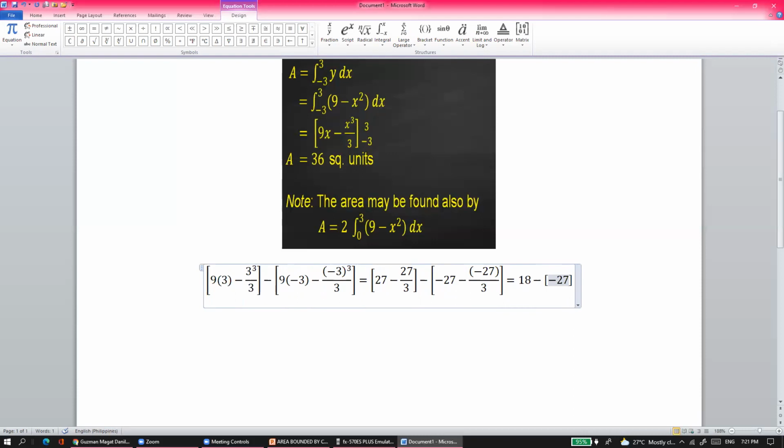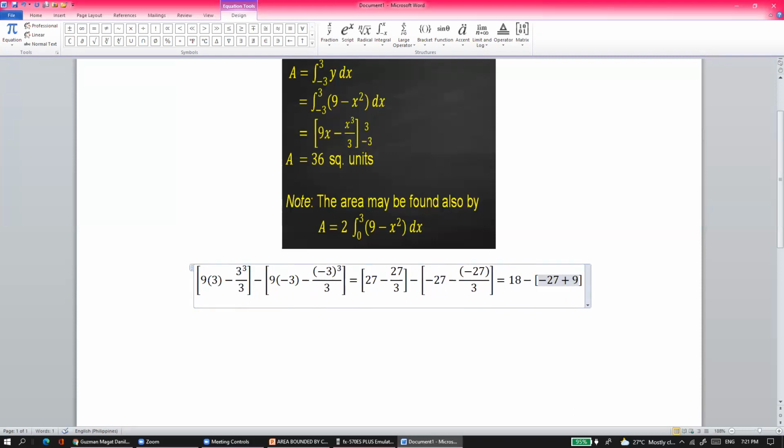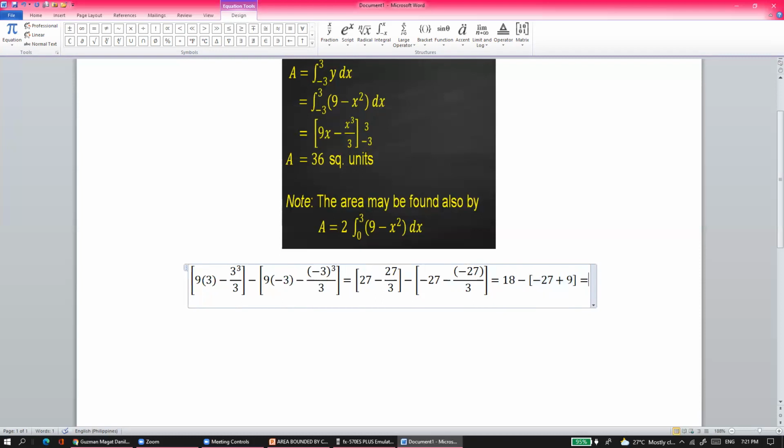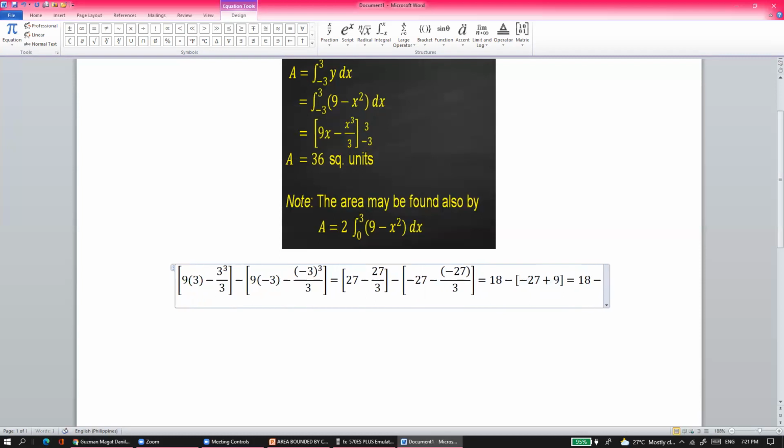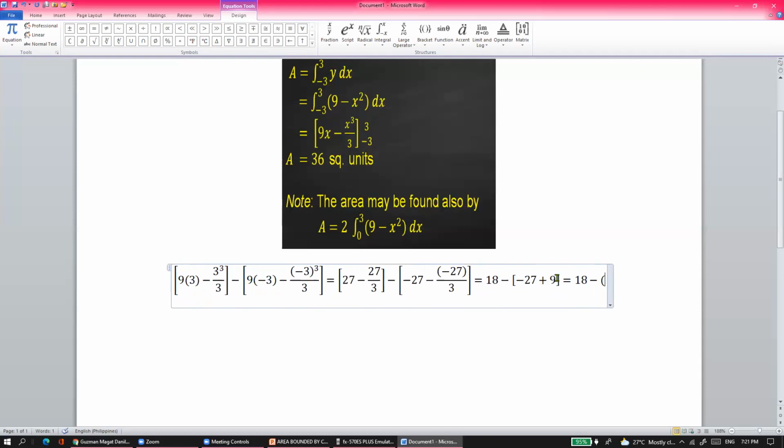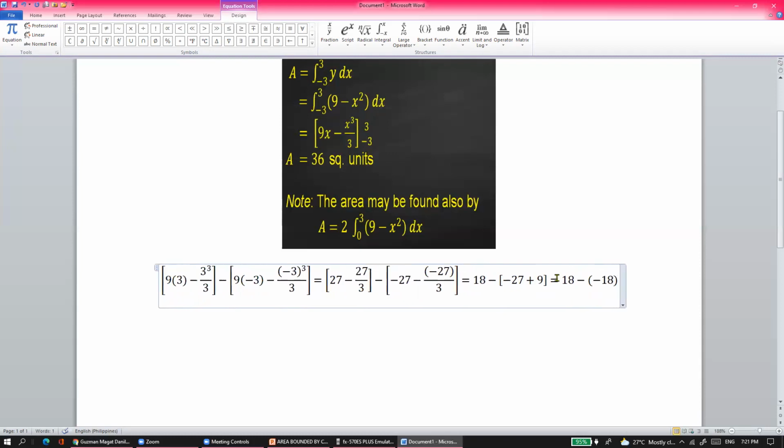But negative is positive. So we have positive 9 here. So finally, we have equal 18 minus negative 27 plus 9 is negative 18. Then negative 18 times negative is positive, so that we have 18 plus 18 is 36.